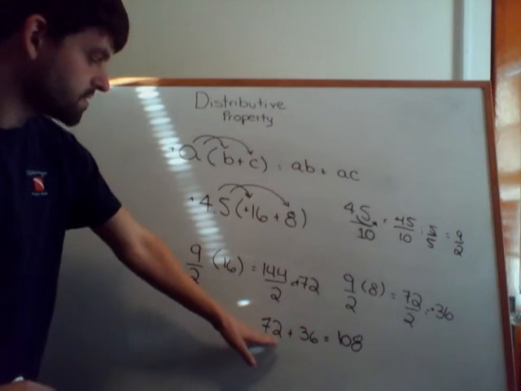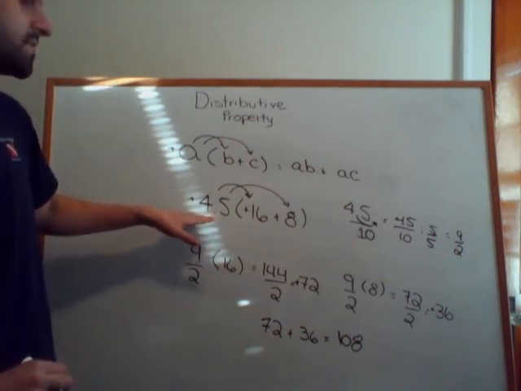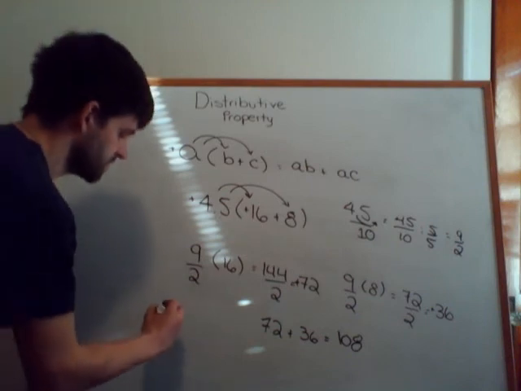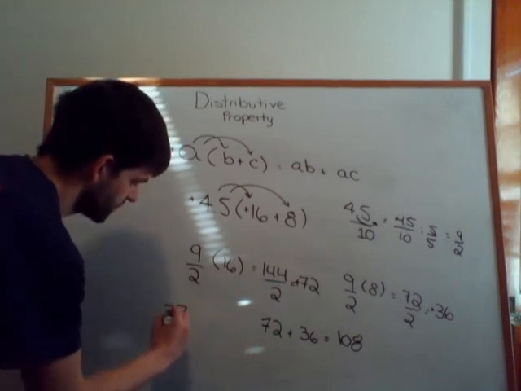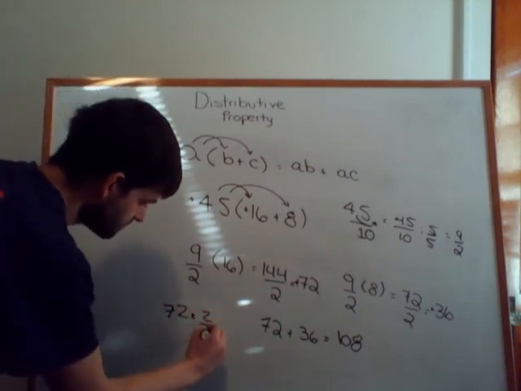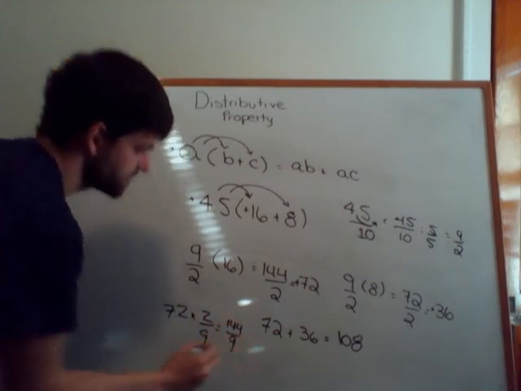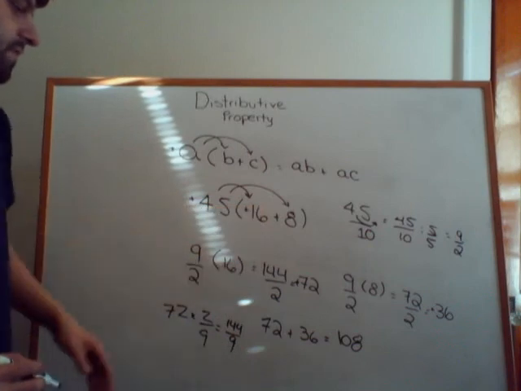So 72 divided by 9 halves is the same as 72 times 2 ninths. And 72 times 2 ninths is indeed 144 over 9, which is indeed 16.